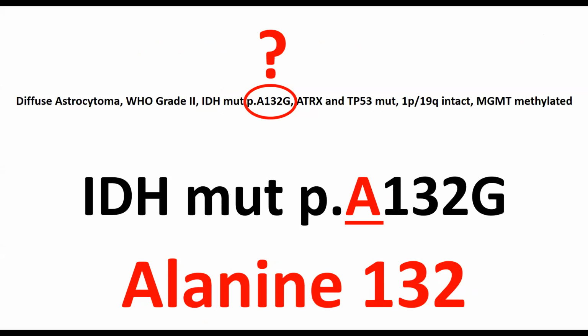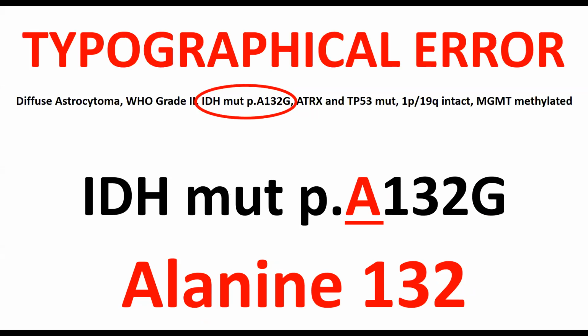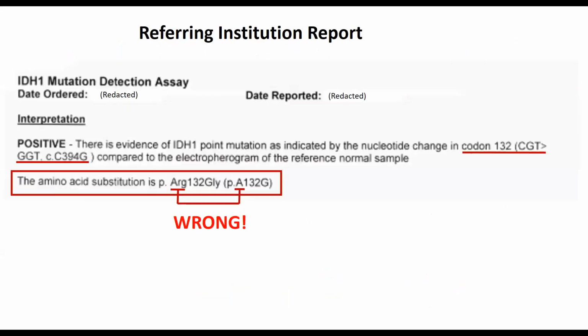Why, in the referring institution's report, is it listed as p.A132G? It's just a typographical error. It is just wrong. This is the actual report, totally anonymized. You can see here in the interpretation of the IDH1 mutant detection assay, it's positive.